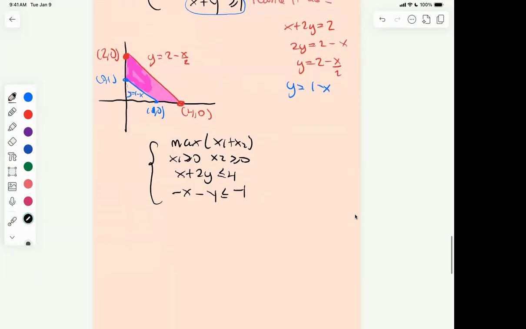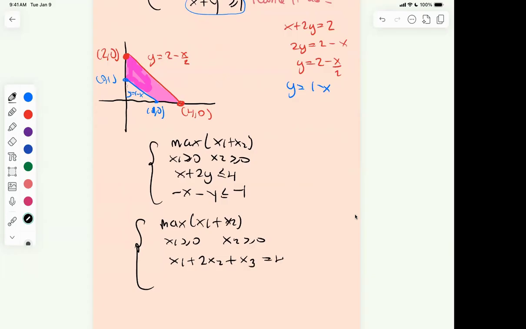And then once you have it all in the inequality version, with the less or equal to, you can add the slack variables, right? So this gives you max, and I wrote x1 plus x2 upstairs, so it's x1 plus 2x2 plus x3 equals 4.